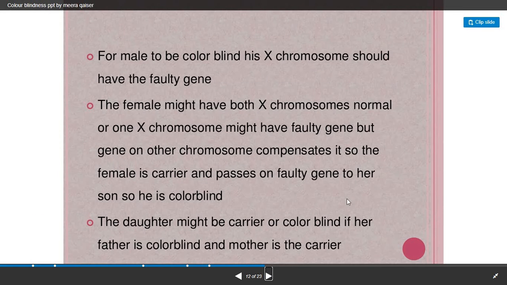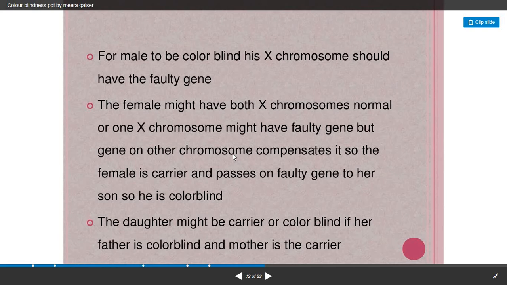Now what are the more characteristics? For a male to be color blind, his X chromosome should have the faulty gene. The female might have both X chromosomes normal, or one X chromosome might have the faulty gene but the gene on the other chromosome compensates for it, so the female is a carrier and passes the faulty gene to her son, and so he is colorblind.